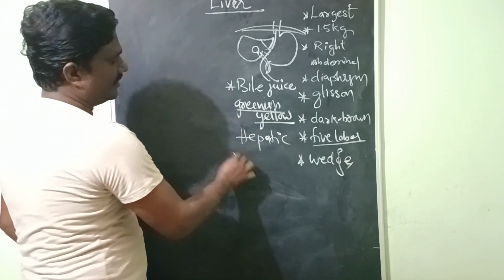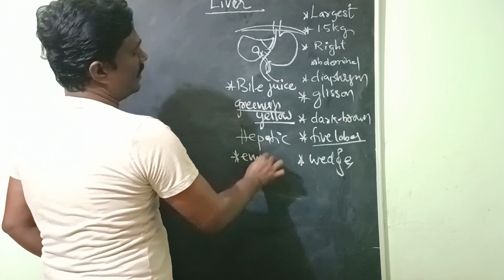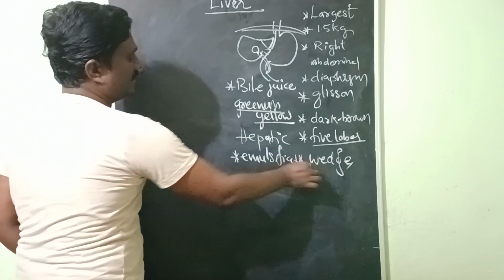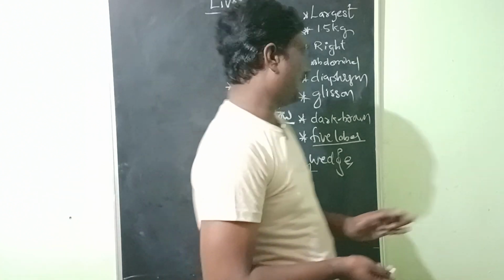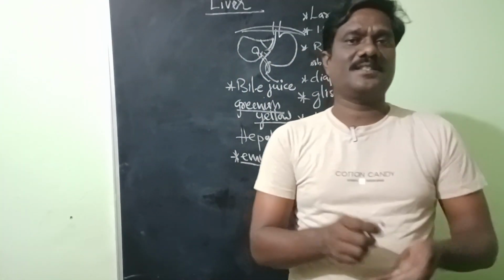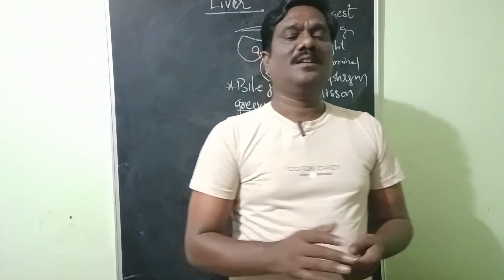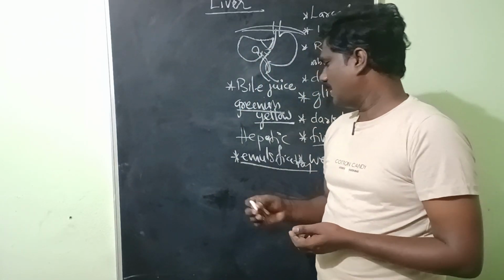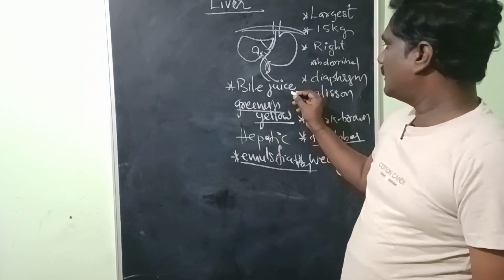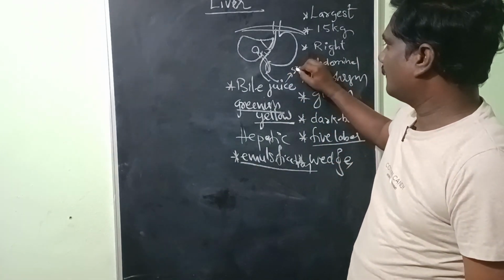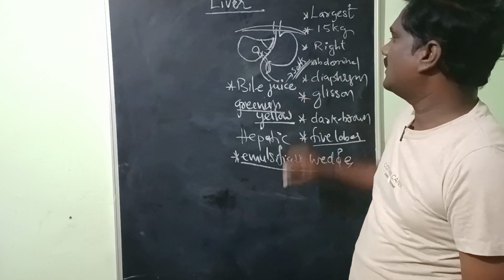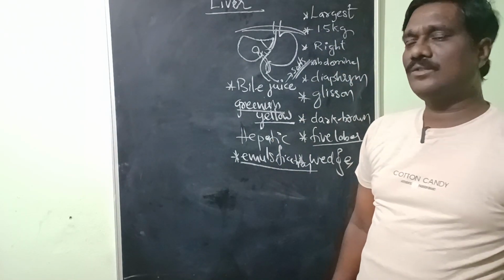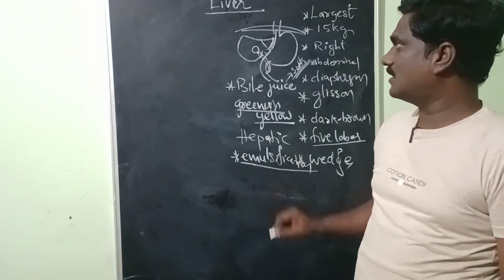This bile juice helps in emulsification. Emulsification means fats are cut into small structures, that is glycerol or fatty acids. Next, this bile juice contains sodium salts, which help in changing the medium of food from acidic to alkaline.